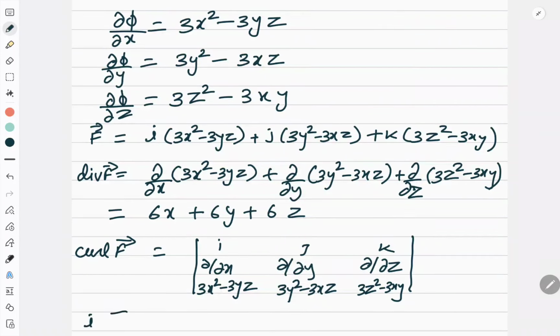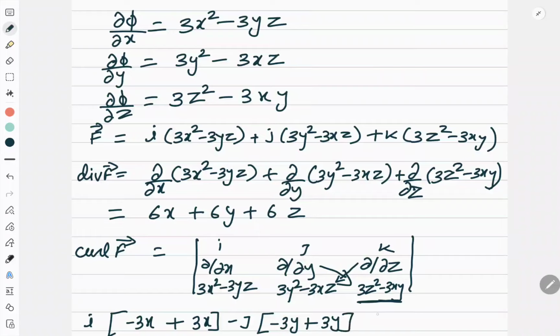So i times: dou by dou y of this term is minus 3x, minus dou by dou z of this expression is plus 3x. Minus j times: dou by dou x of this is minus 3y, minus dou by dou z of this is plus 3y.